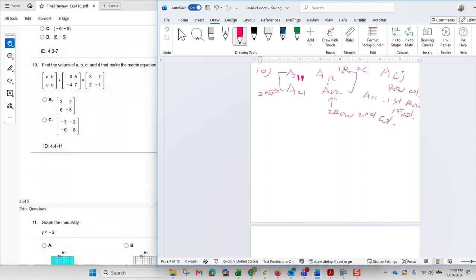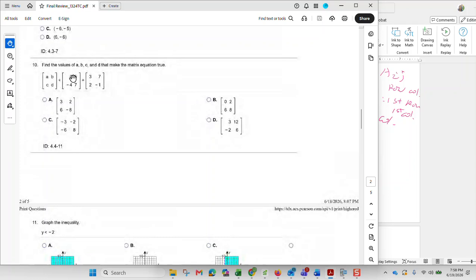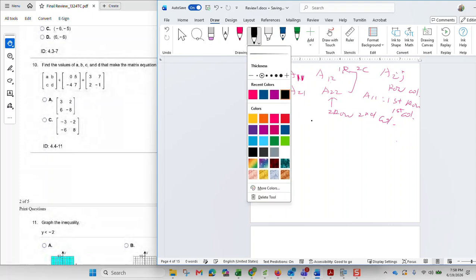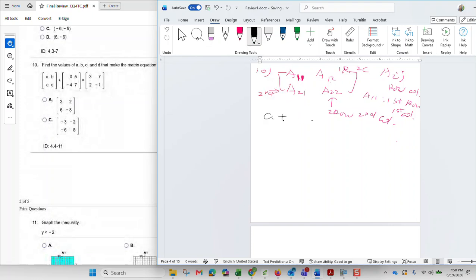So if you use this one right here, A plus 0 will equal 3. So A11 plus B11 equals C11. That's the first equation.